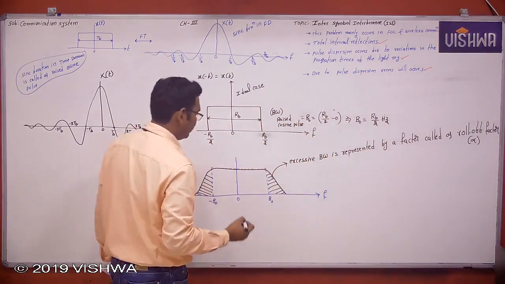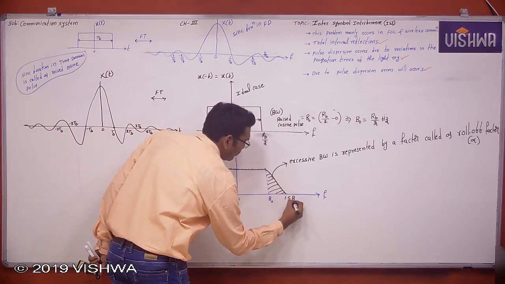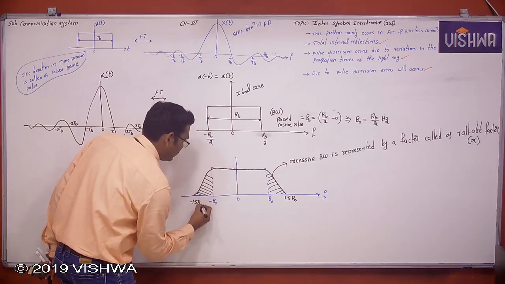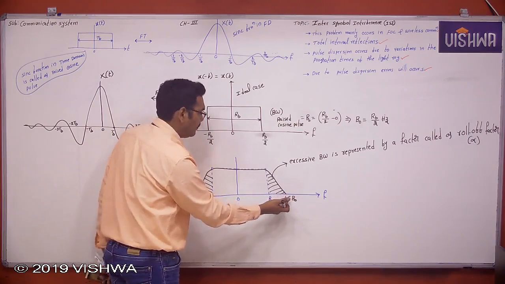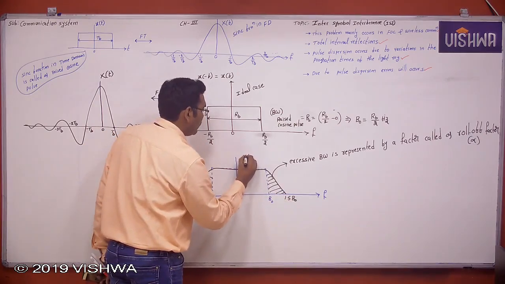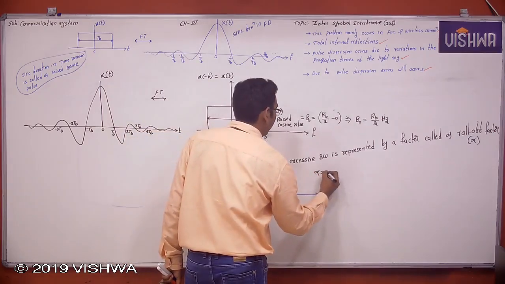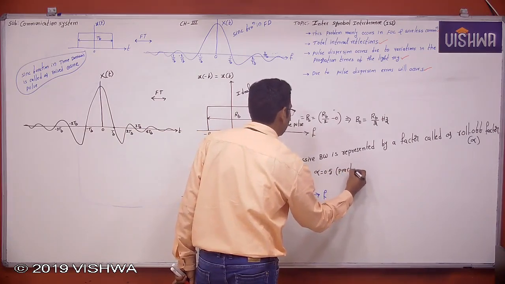So this is 50% excessive bandwidth. This is the ideal case. Now how much is excessive? 50%. Therefore, this is the practical case, with excessive bandwidth of alpha equal to 0.5.